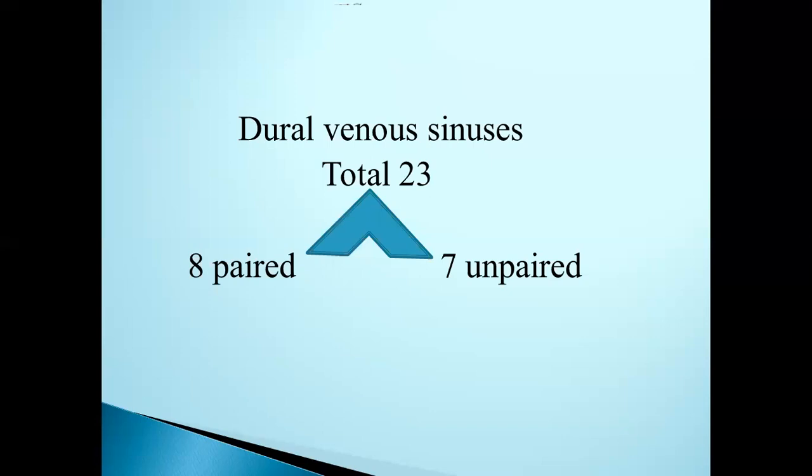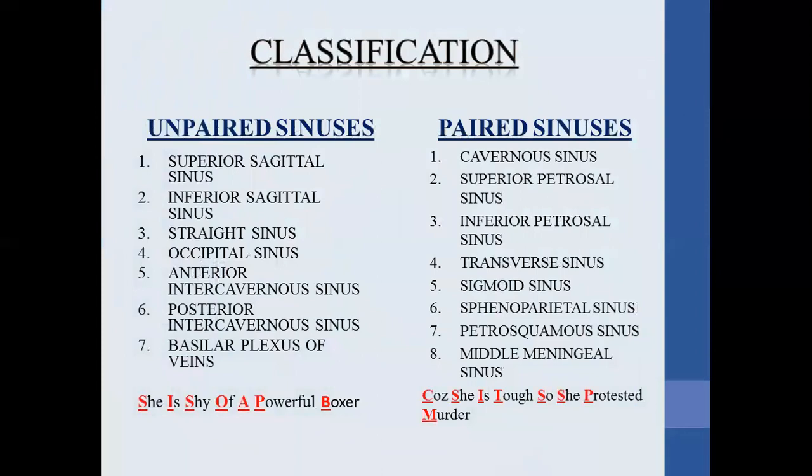We will see each sinus in detail with their location and their draining channel. This is an important long question. When it comes, you have to write in detail about each sinus with the diagram. So what are the unpaired sinuses?